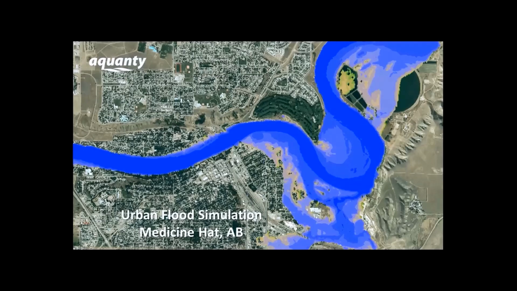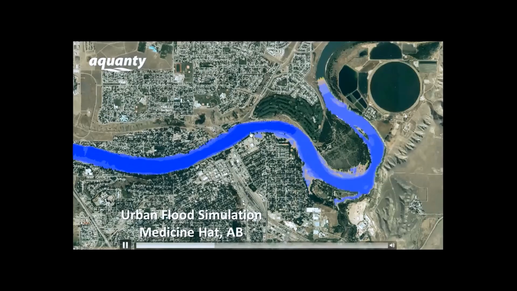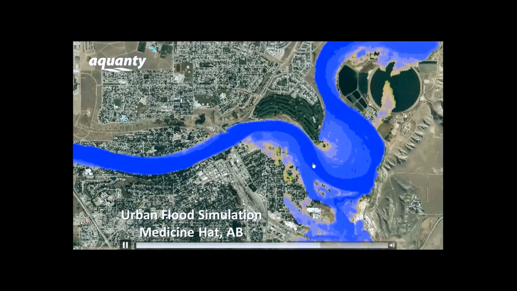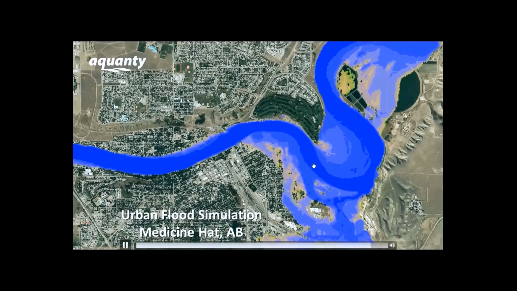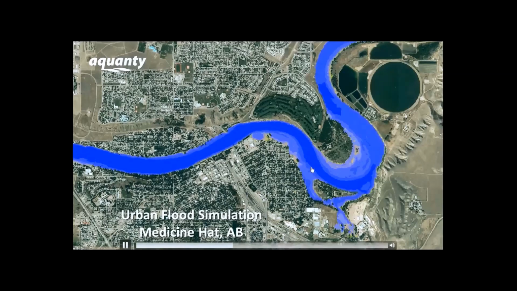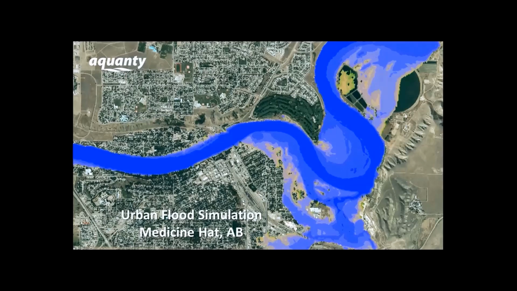And with very accurate topography, we can get a very accurate perspective on where the water is going to flow under that specific scenario. So here you can see what we essentially generate at the maximum point of flooding is a flood map for a given scenario for a detailed area within the major basin.